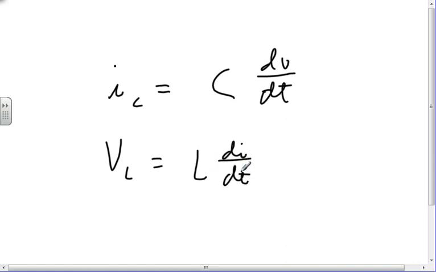So change in current, change in time, times the inductance is the voltage across the inductor. The current in the capacitor is C dV dt.